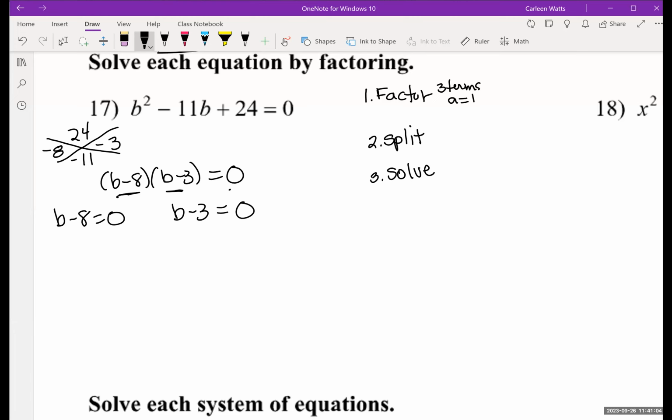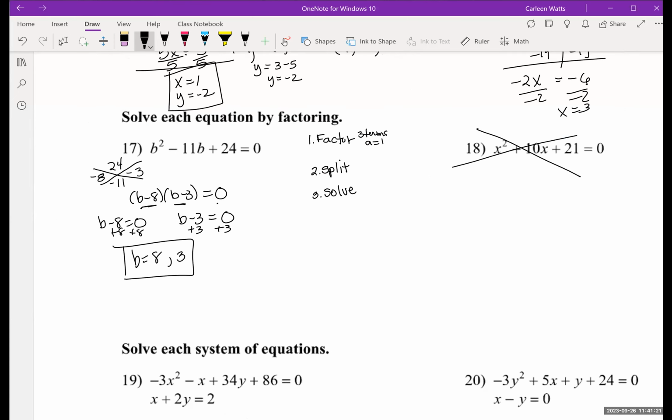So now we solve. Add 8, B is equal to 8. Add 3, or B is 3. Okay, we're out of time, so we're going to say do not do number 18. But when you see this, and it's going to show up on the test, factor, split, solve.